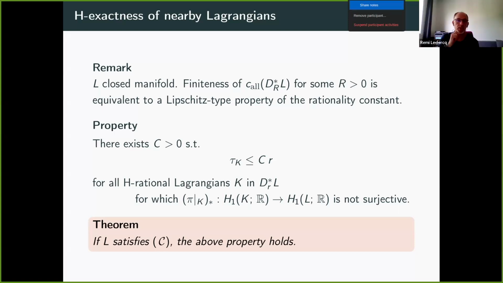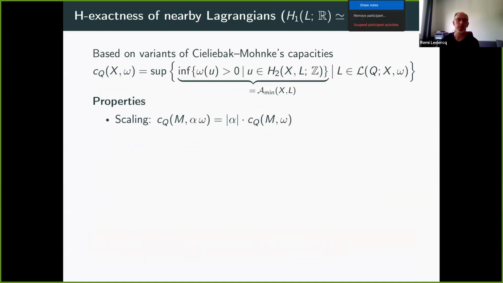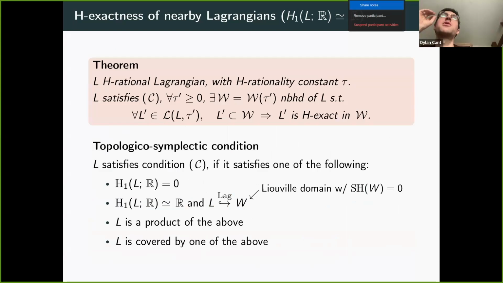Sorry, what are you asking? I'm looking at T star S1 and I shift a little bit the 0 section, by a symplectic shift.